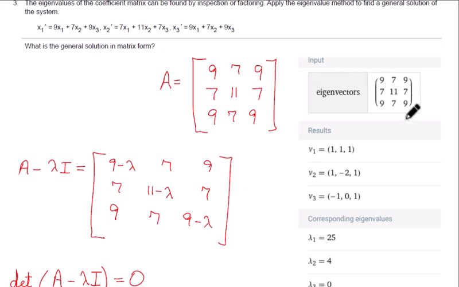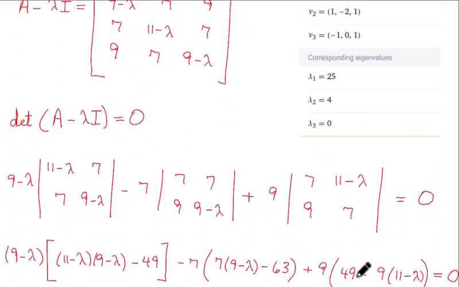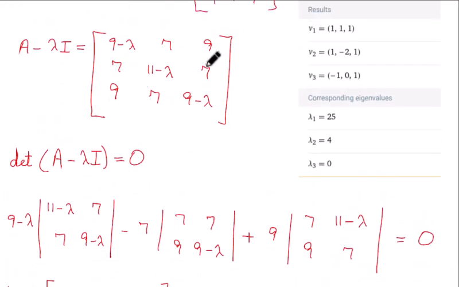I also put it in over here in Wolfram Alpha, and very quickly it'll tell me what they are. So if we grind through this, we've got this 3 by 3 determinant. So I expanded along the first row.